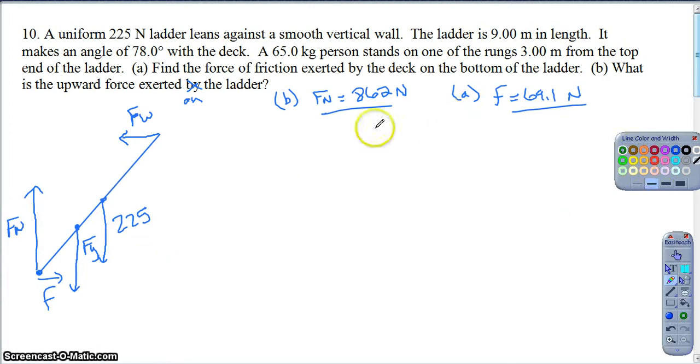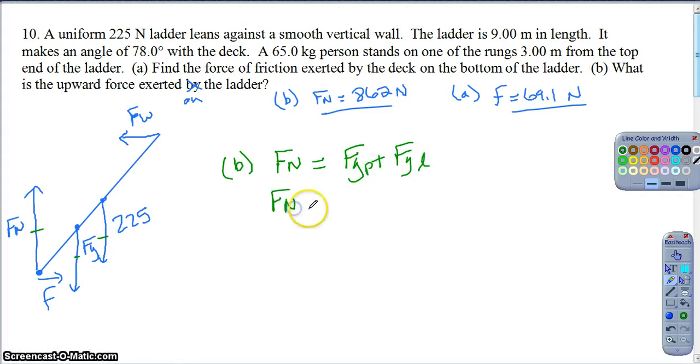So again, if I start with part B, it is pretty easy, because if they ask us to find the normal force, or the force exerted on the ladder, the normal force is just a matter of looking at my vertical components. The only 3 forces acting vertically are the normal force and the 2 forces of gravity. And since the ladder is not accelerating upward, we know the normal force has to be equal and opposite to those 2 forces of gravity, so the force of gravity of the ladder and the force of gravity of the person.